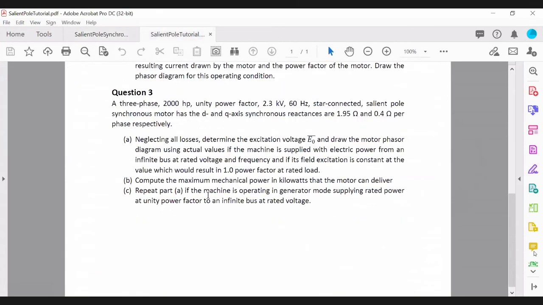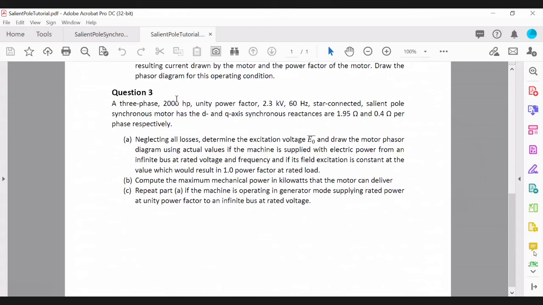We'll look at a last case where I'm showing you how you will analyze a machine that's operating at unity power factor. Okay, so we haven't looked at that case at all in our previous examples and tutorial.